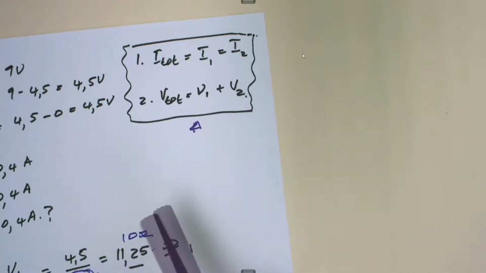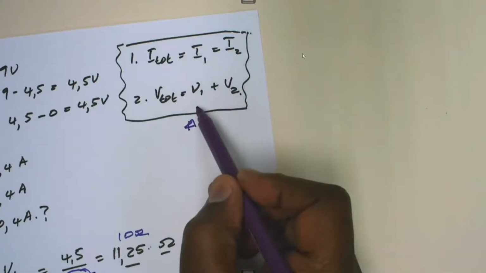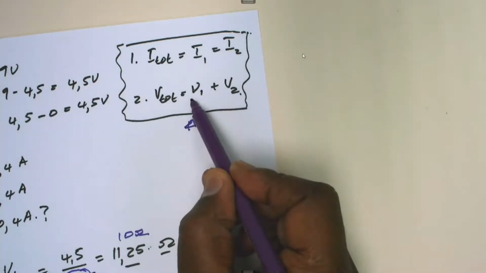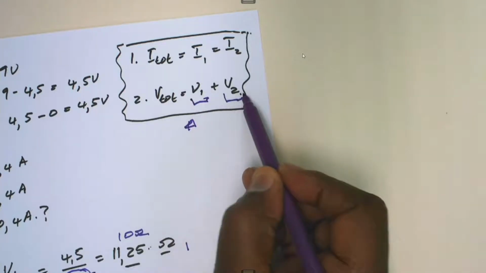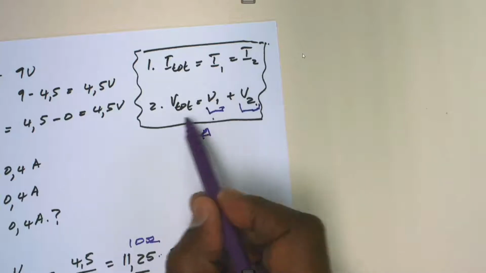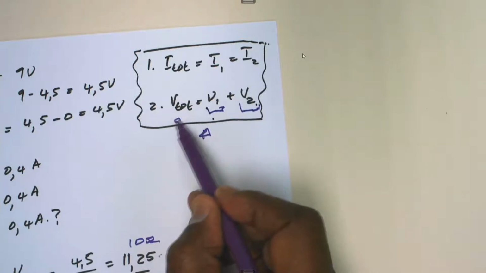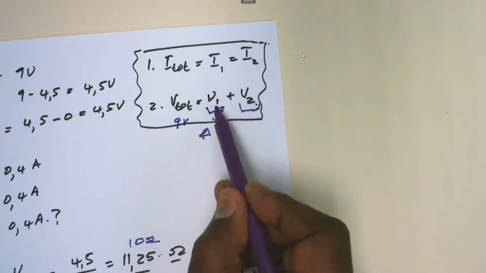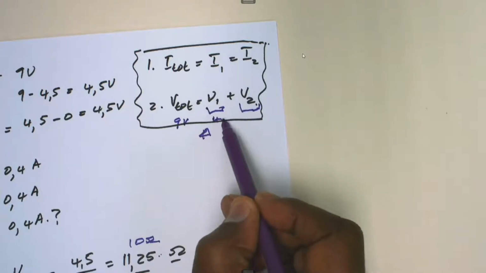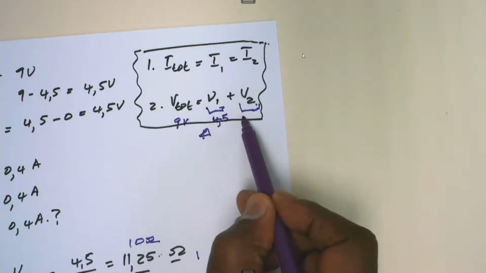So we normally say that in a series connection, these resistors become potential dividers, because if you have a voltage of 9 volts, that is divided between the two resistors R1 and R2.